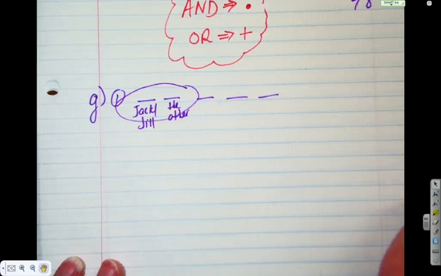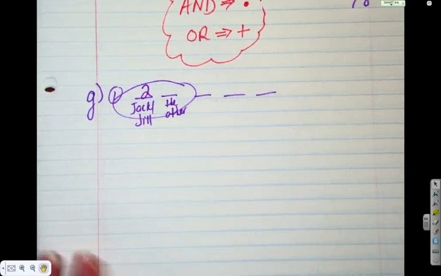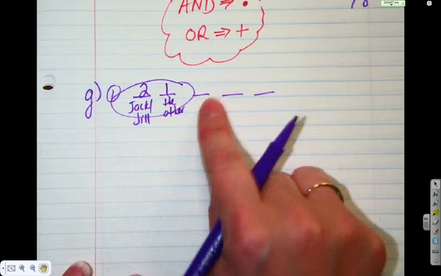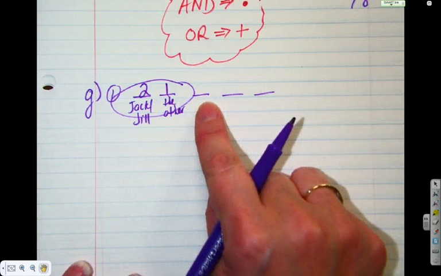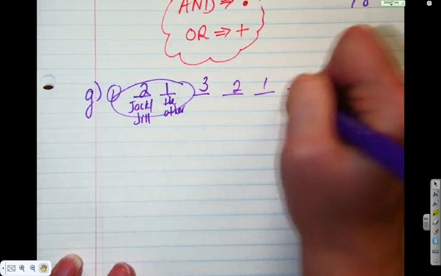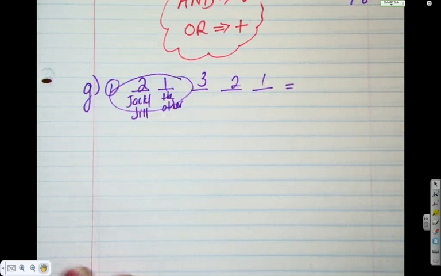So 2 choices for the first seat, 1 for the second seat. What about who's next to them? Do we care? Okay, how many people are left? 3, and then 2, and then 1. Offer of 12?